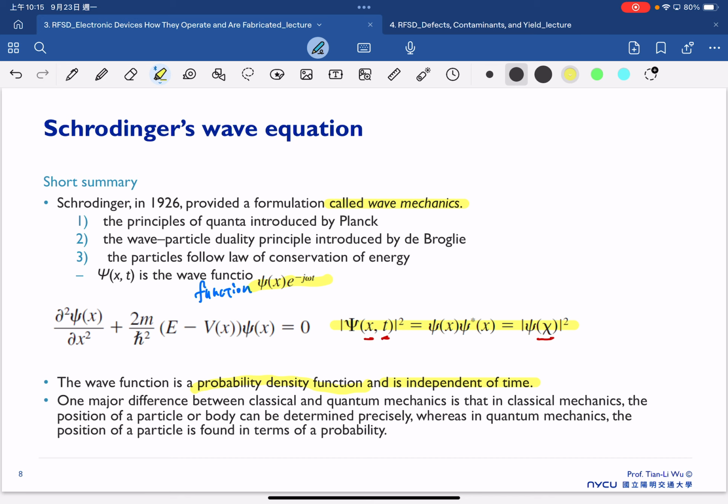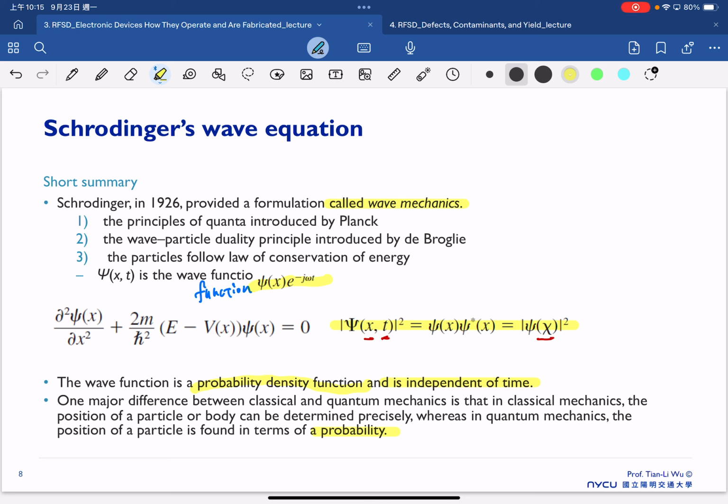But what does this mean for us? This means that the position of the particle is related to what we are interested in. For example, electrons and holes can only be found in terms of probability.